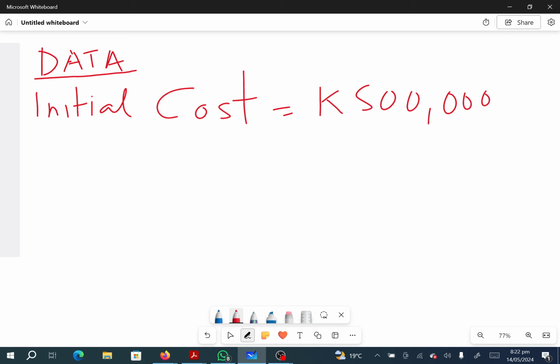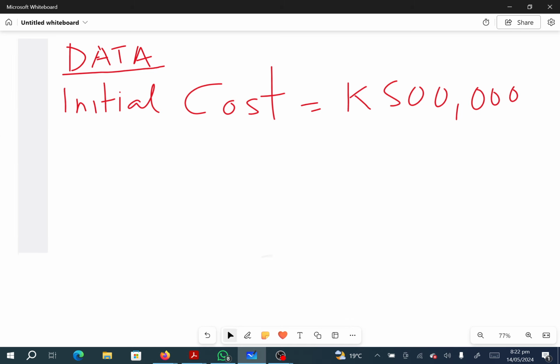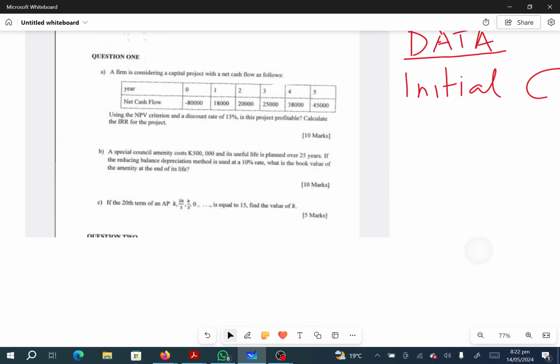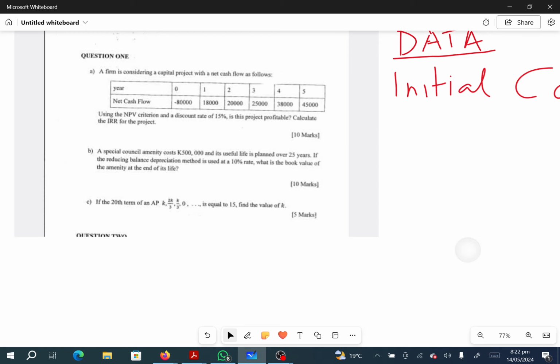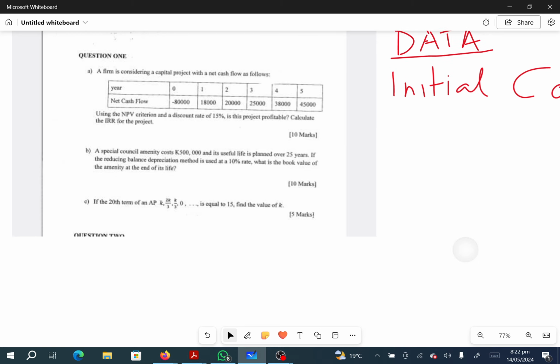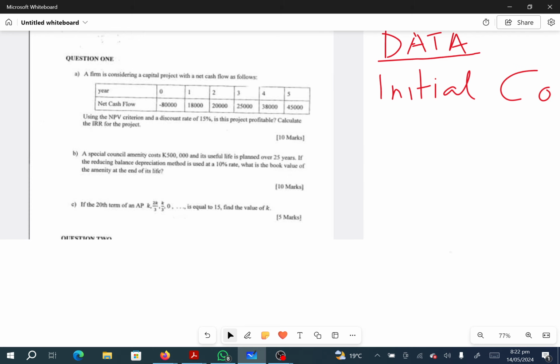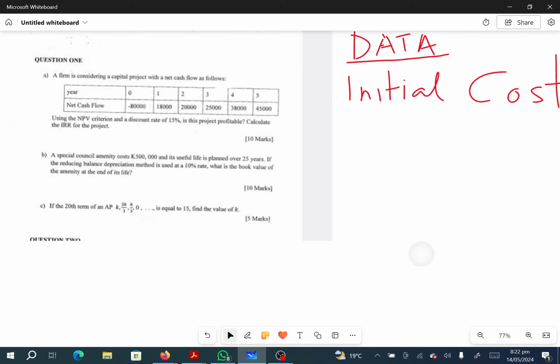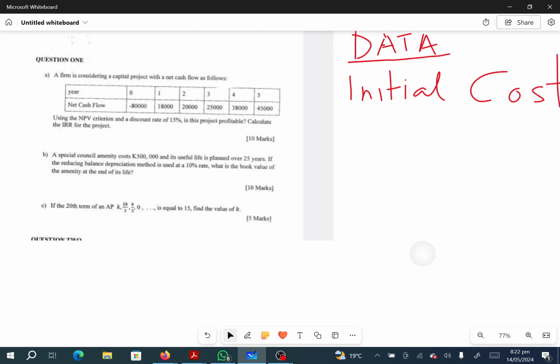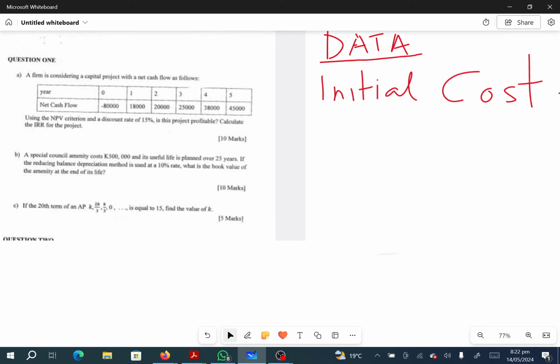Then from the question we have been told that a special council amenity costs 500,000 and its useful life is planned over 25 years. Then if the reducing balance depreciation method is used at a 10% rate, what is the book value of the amenity at the end of its life?